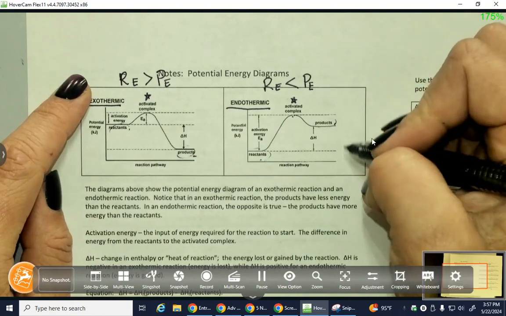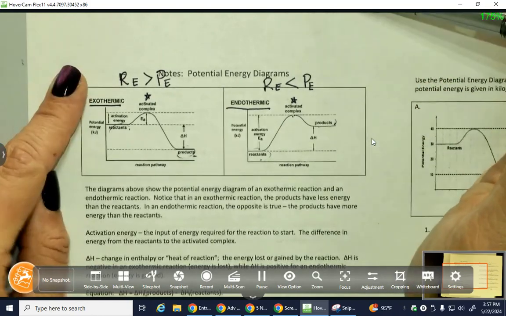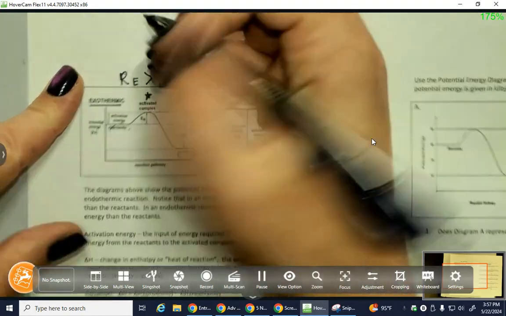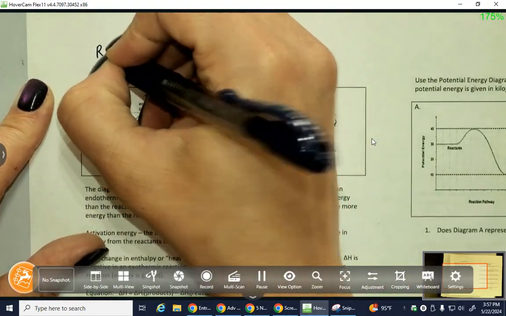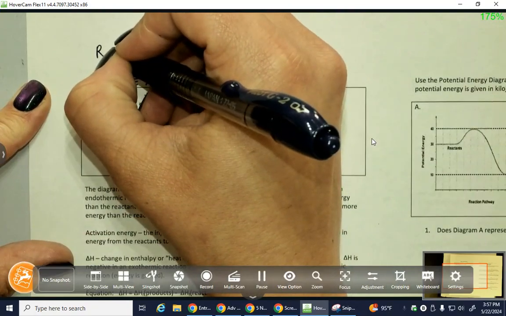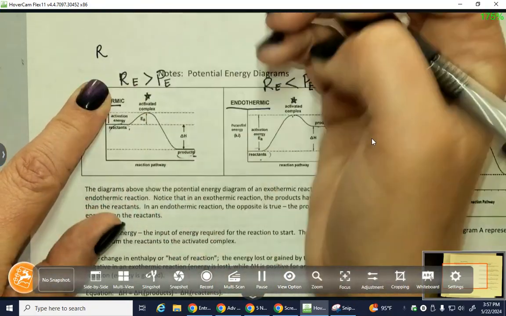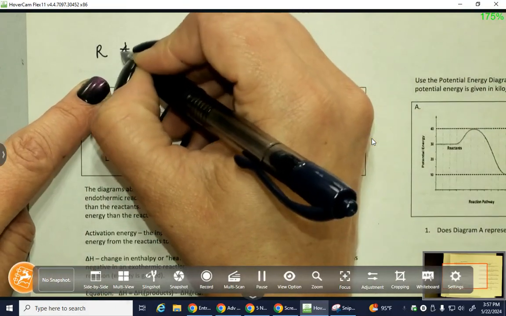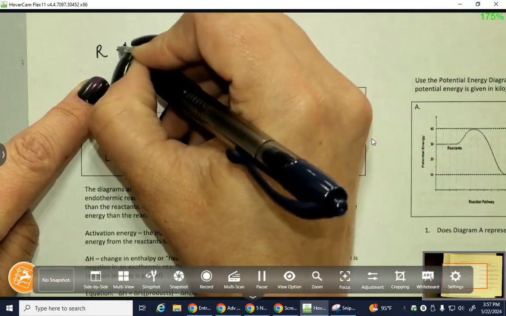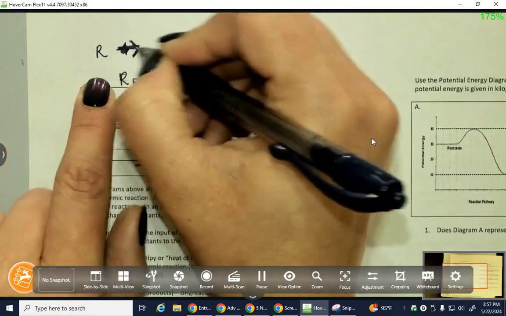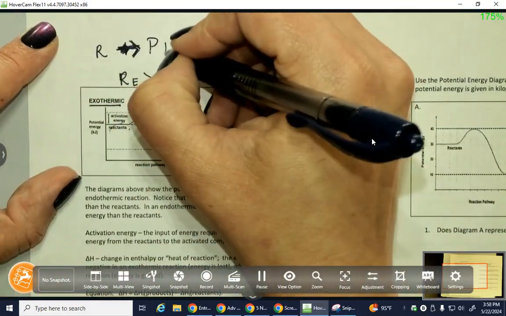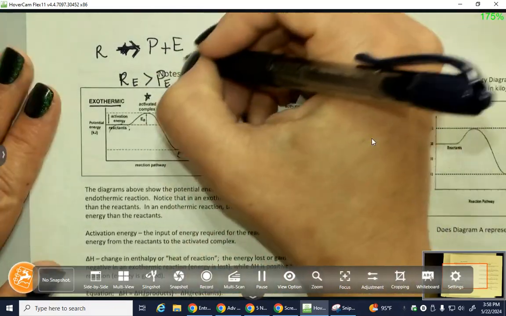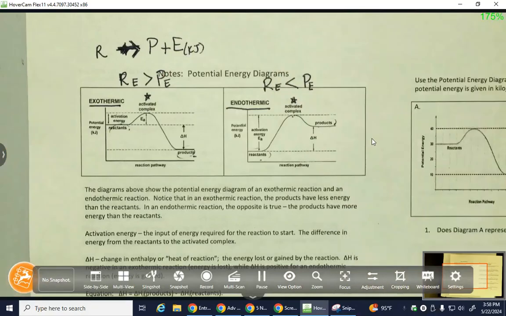The next thing I would put on your page is reactants. I'm just going to put R, if that's cool with everybody. Reactants yield product plus energy in kilojoules.